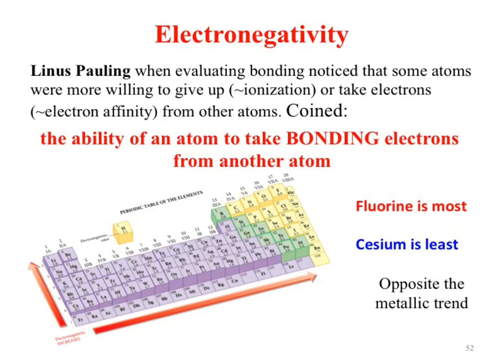Two nonmetals, right? What's the difference in electronegativity? 0. Is that a big number or a small number? Small number. If you have a small difference in electronegativity, what happens to your bond? It becomes covalent.